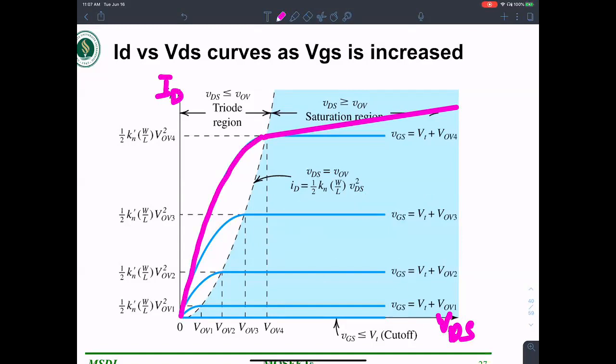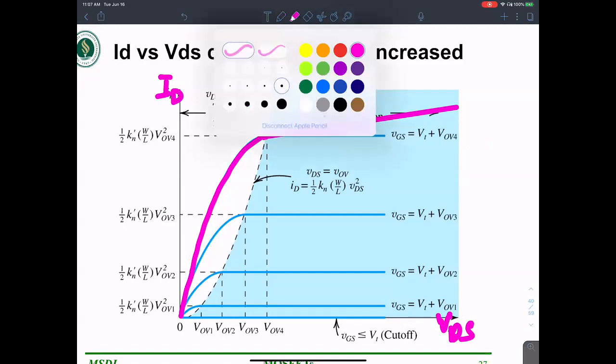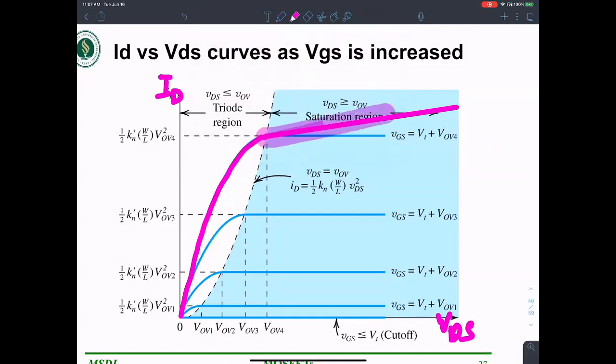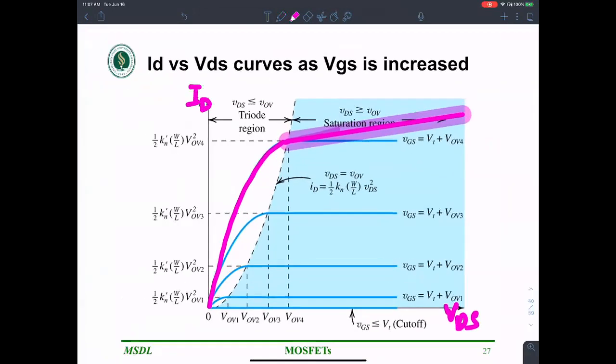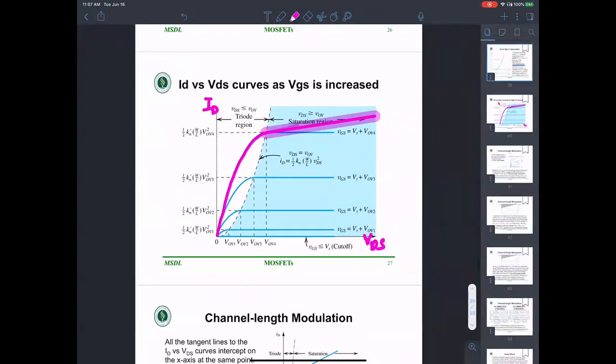So far the assumption was that in the saturation region, the drain current is constant, independent of VD. But that's not the case. In real transistors, there is certainly some slope to it. There is some dependence of ID on VDS. So let me go back and modify for the channel length modulation.